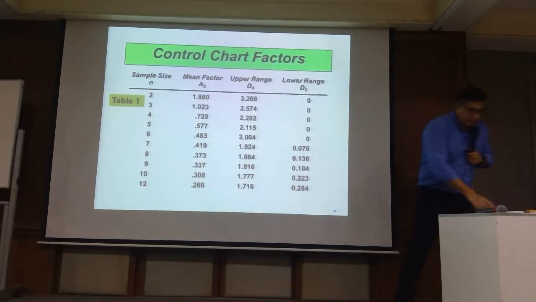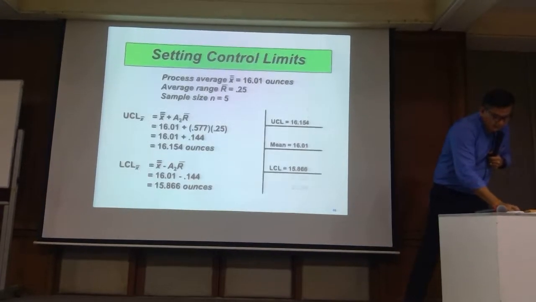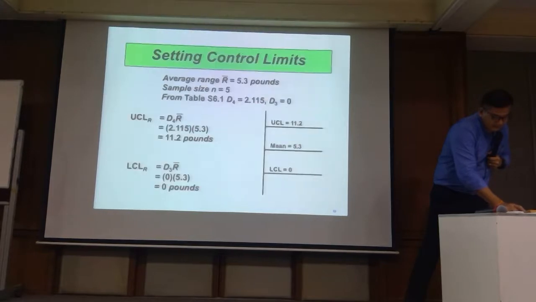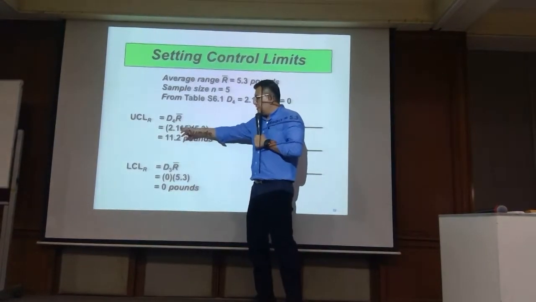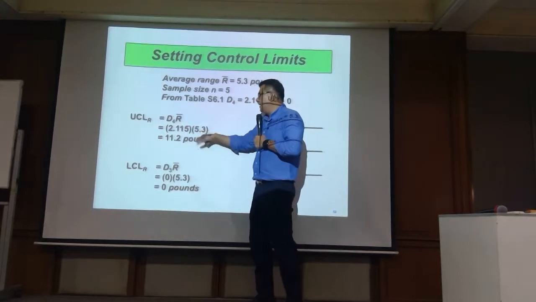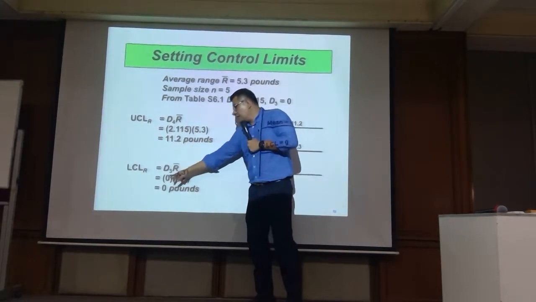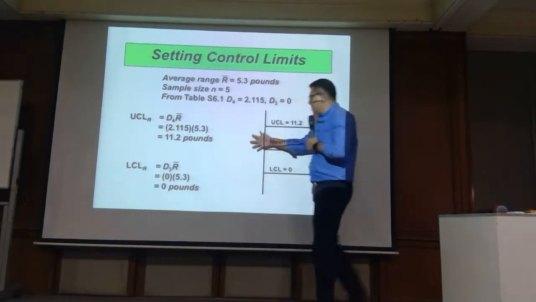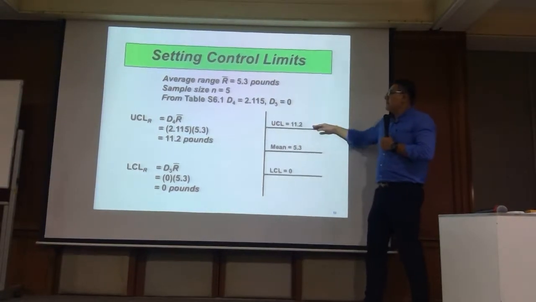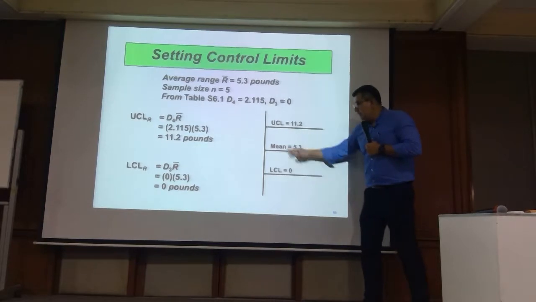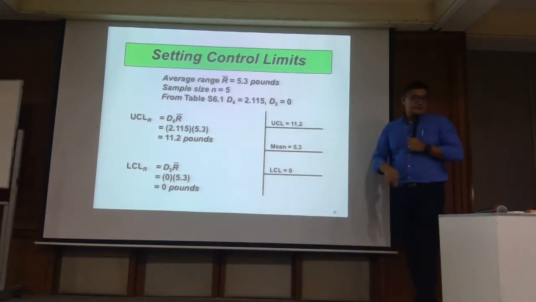So we substitute D4 2.115 multiplied with R bar, then we have 11.2. But for D3 0, you have 0. So when we plot, the mean is 5.3, this is R bar. Upper is 11.2. Lower is 0. And then you plot R.